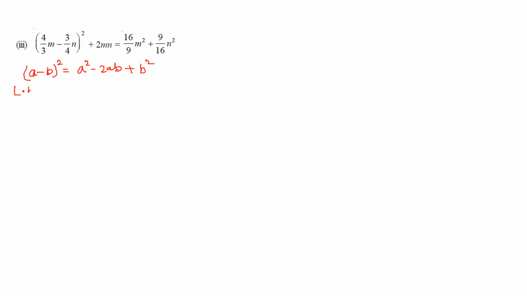So LHS, now your a square means (4/3 m) whole square minus 2 into a, which is 4/3 m, into b, which is 3/4 n, plus (3/4 n) whole square plus 2mn.